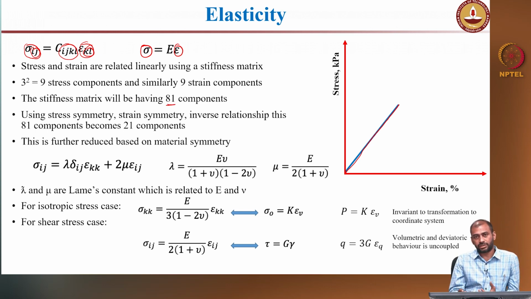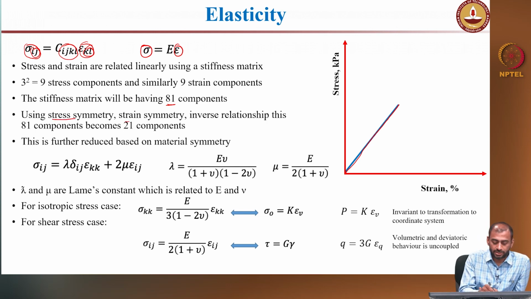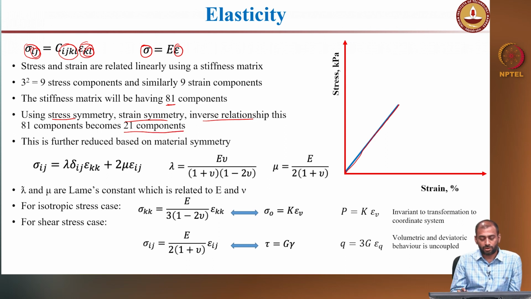Then you start using your stress symmetry, strain symmetry, and inverse relationship, and then you simplify it to have about 21 components in your stiffness matrix. Once you have this stress symmetry, strain symmetry and inverse relationship, you reduce the number of components. You can further reduce the number of components by taking the material symmetry.